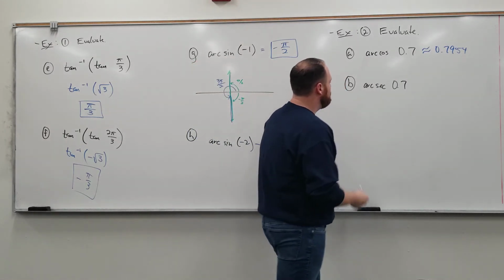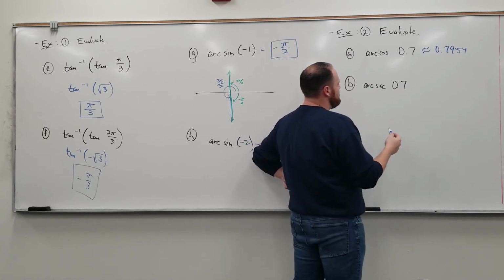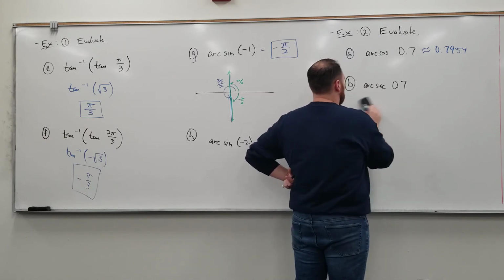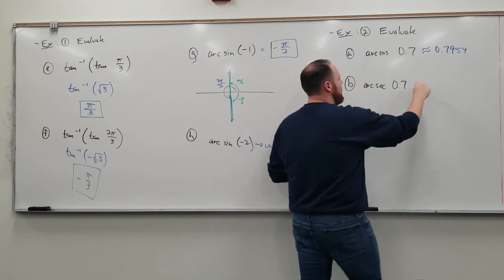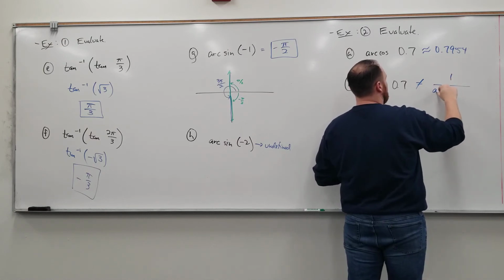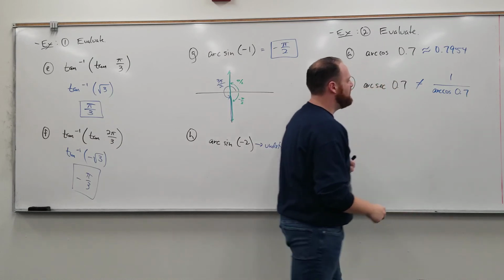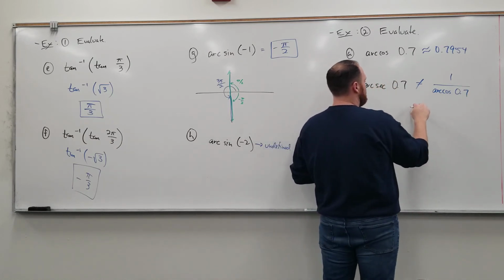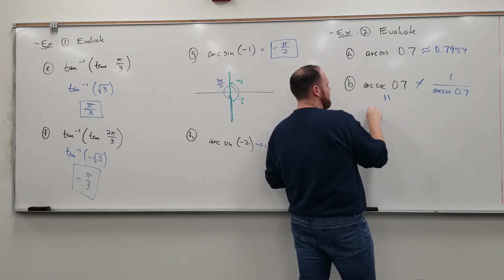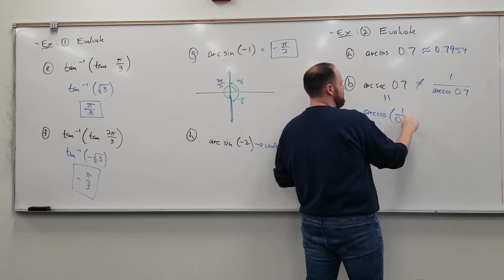So we have to be careful about this. How did we write this out before? So arc secant of 0.7 is not the same thing as 1 over arc cosine of 0.7. It is the same thing as arc cosine of 1 over 0.7.